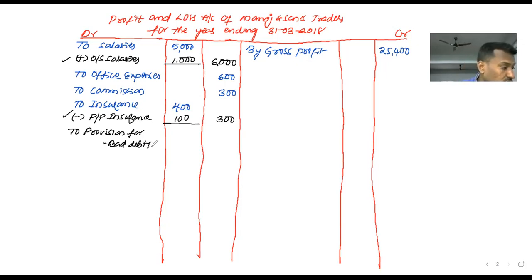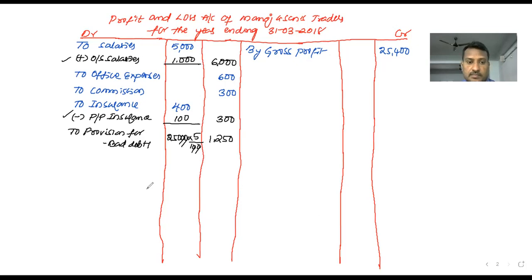So what is the value of the debtors? 25,000 is the amount of debtors. On this 25,000, the businessman has a doubt of 5%. So what is the amount? Two zeros cancel, 250 into 5, 1,250.